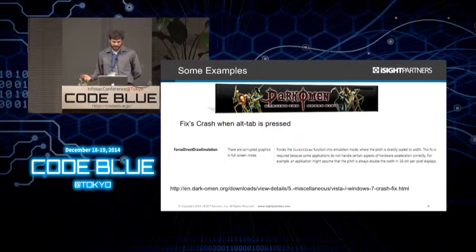And the particular shim that they used here was something called forced direct draw emulation. And the purpose of this is just to force the direct draw function into some emulation mode. I don't really understand it. It's not important. But there are like hundreds and hundreds of different shims, and these guys had some random graphics crash when doing Alt-Tab, so there's a fix for that.